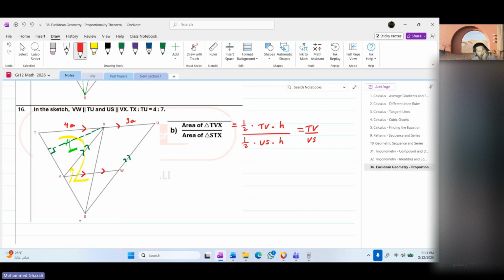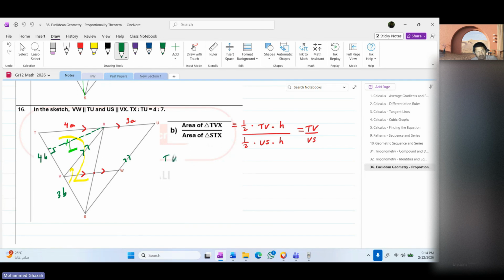Because you have transferred this on this side. I need to use this entire big triangle. Yeah, so this green parallel lines. So this will be 4b to 3b. 4b to 3b.